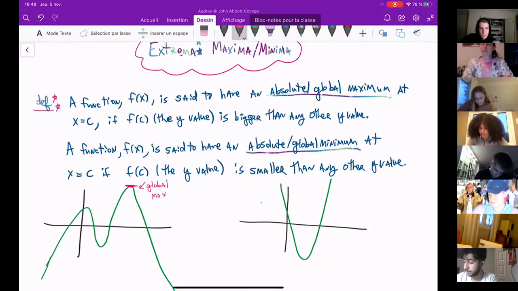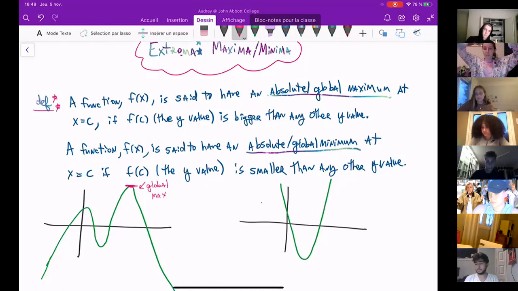I'm still on the left. Does this function have a global min? No. So there is no global min because the function goes down forever on both sides. It's going to keep always getting smaller and smaller. So this one has no global min.